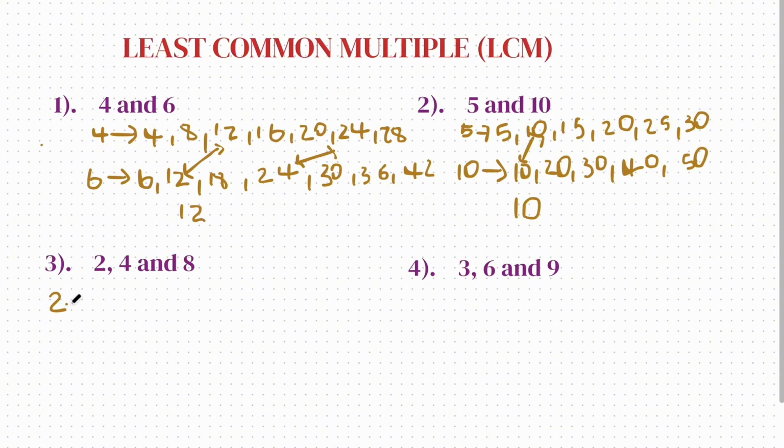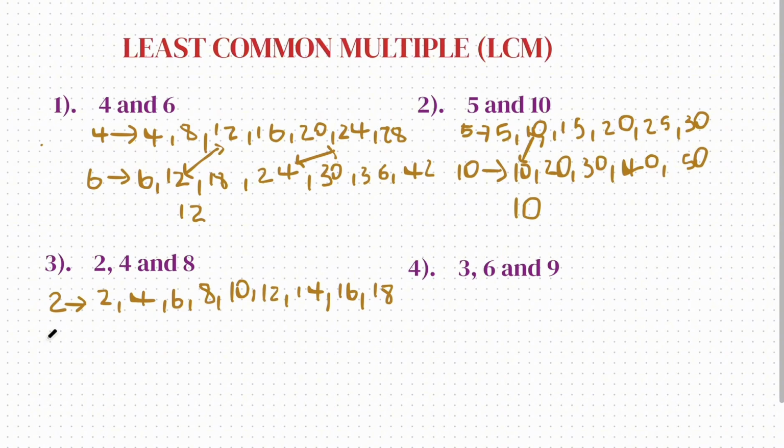So the multiples of 2 would be 2, 4, 6, 8, 10, 12, 14, 16, 18. We're going to stop right at 18.